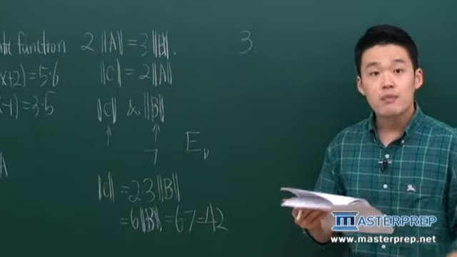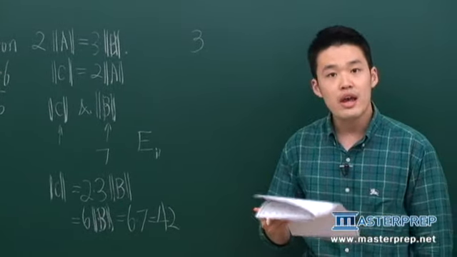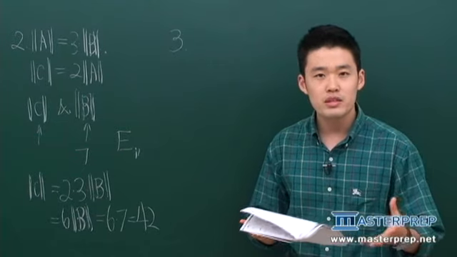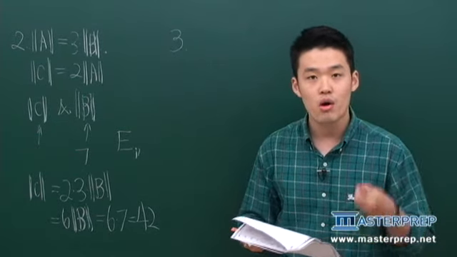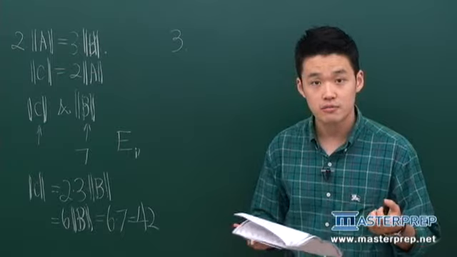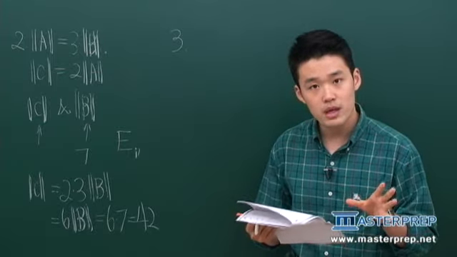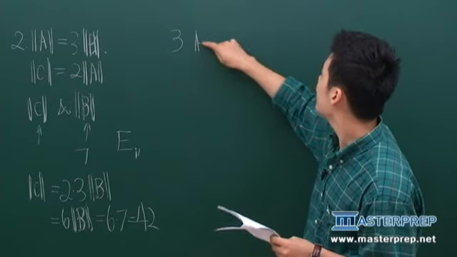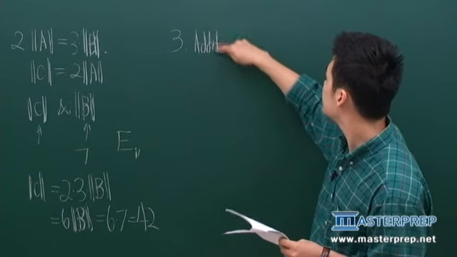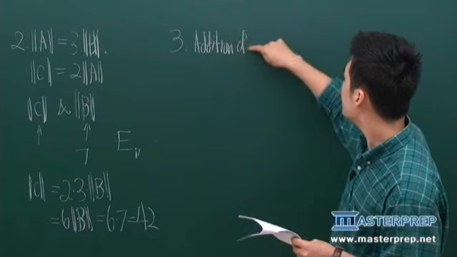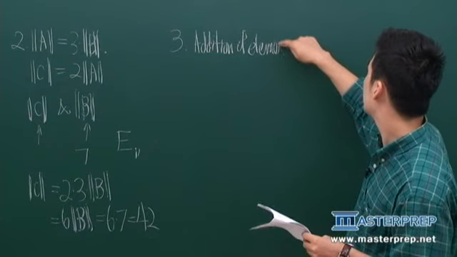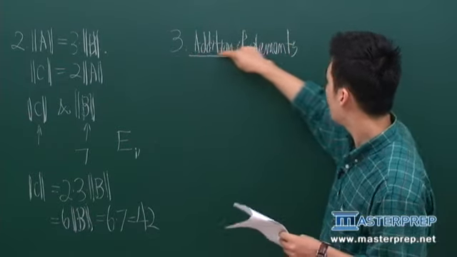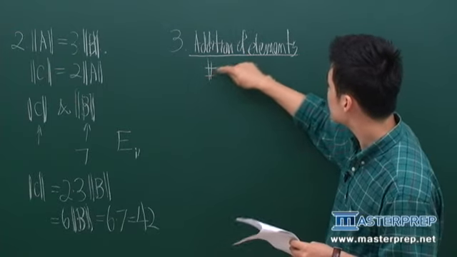Arithmetic mean. What is the average? Arithmetic means you are adding something, right? The arithmetic mean is the addition of elements over the number of elements.